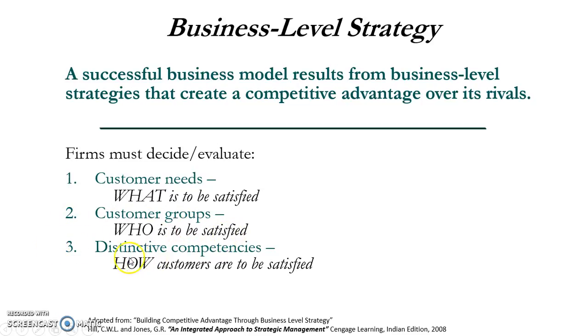And third is the distinctive competencies of the firm, or basically how the customers are to be satisfied based on the organization's distinctive competencies. So these three aspects majorly constitute the business level of strategy, and the subsequent section of this video shall attempt to elaborate on this aspect of strategy under the business level.